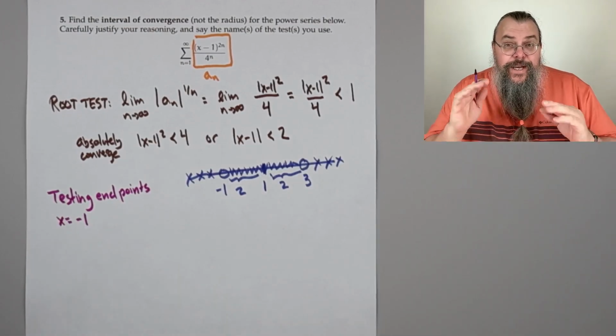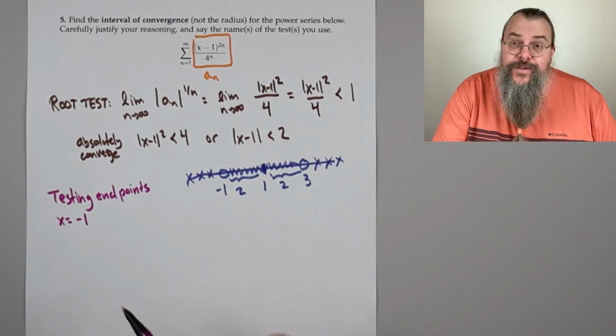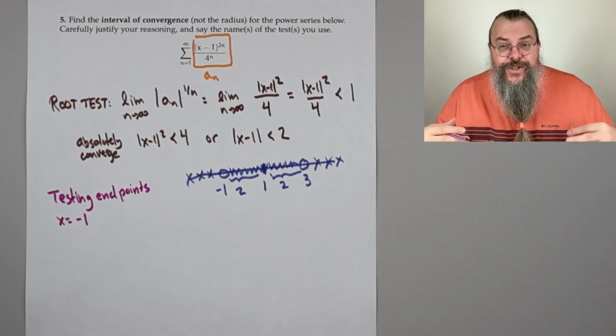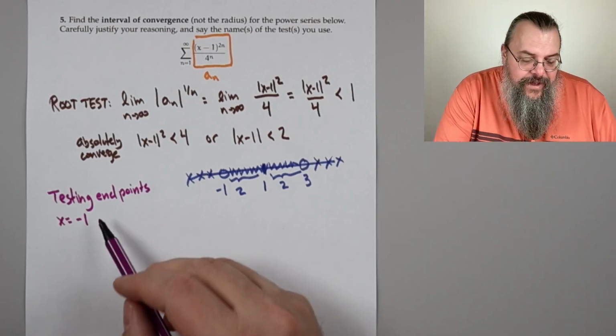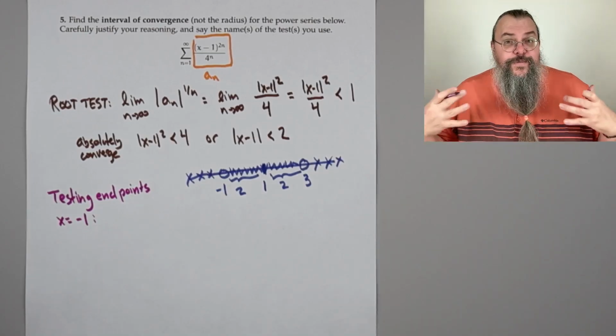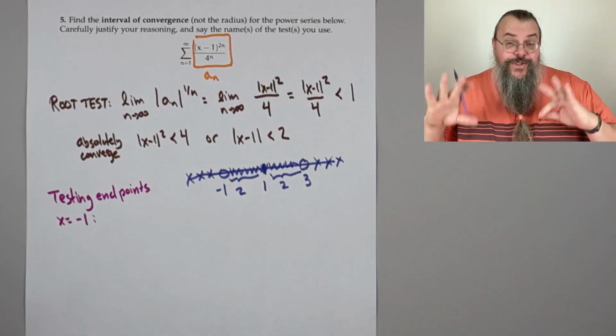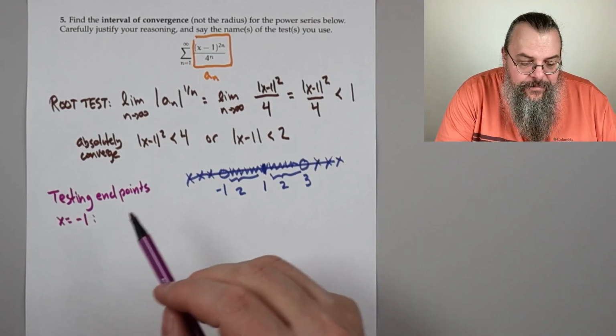Now, by the way, endpoints should be kind of on the edge. And so you can't apply a ratio test or a root test to do endpoints. And so if you're like, oh man, this endpoint is converging super nicely by a root test, something's wrong with your endpoint.